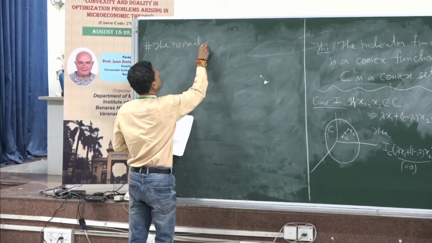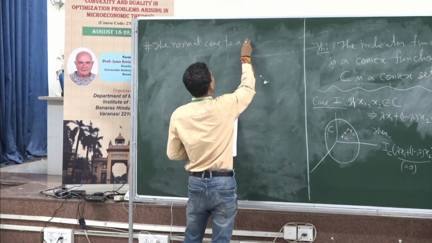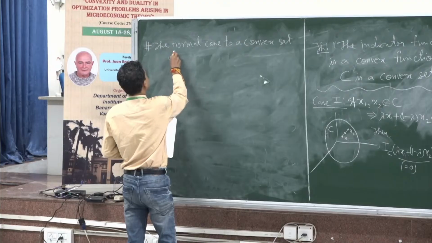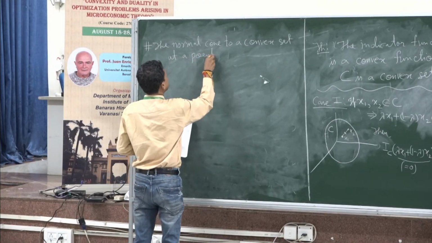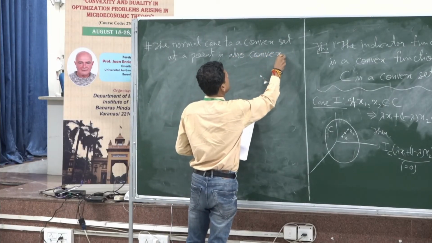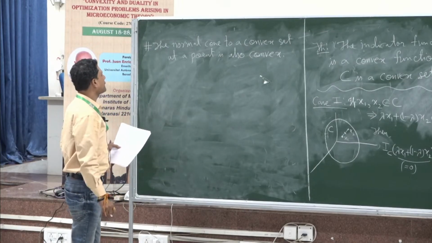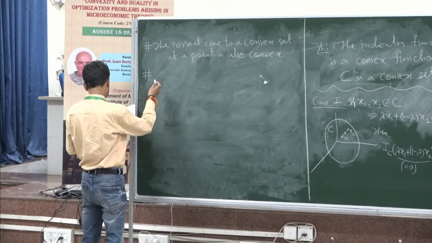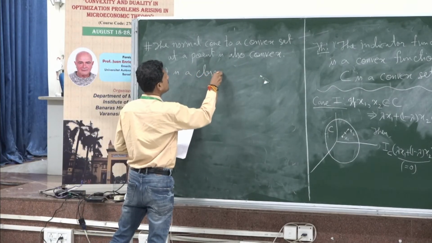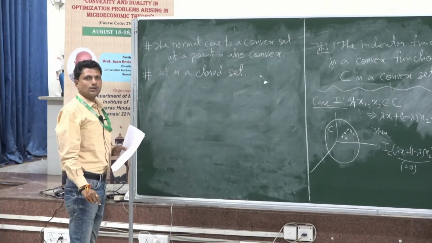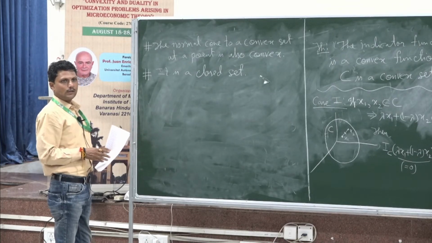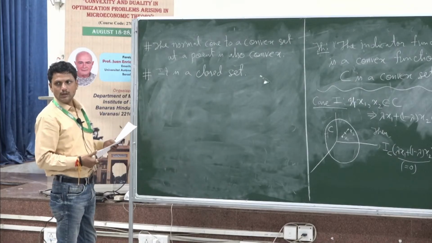The normal cone to a convex set at a point is also convex. The second one is that it is a closed set. The normal cone is a closed set. So we can have a sequence in the normal cone, and it will converge to a point which is also in the normal cone.